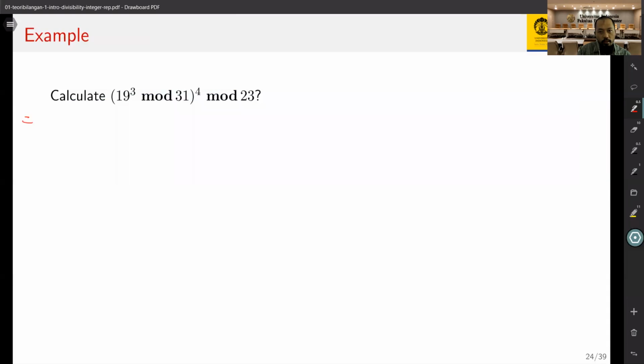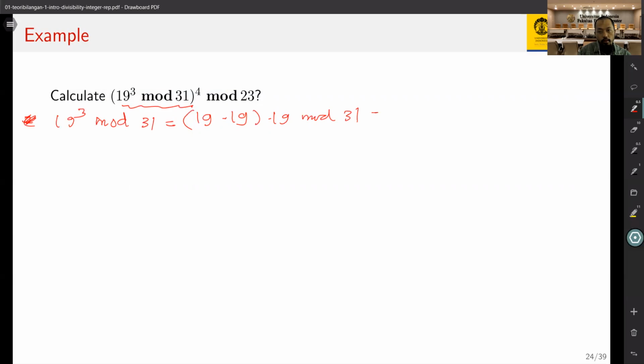Let's start with this mod. 19 to the power of 3 mod 31 is the same as 19 times 19 times 19 mod 31.